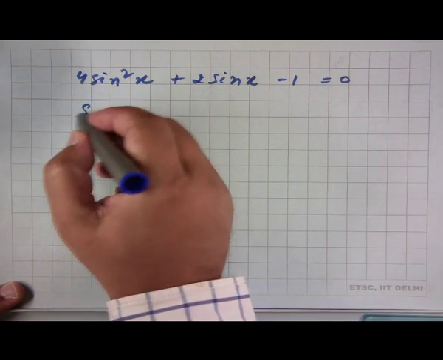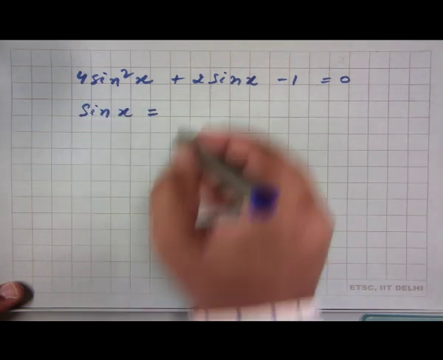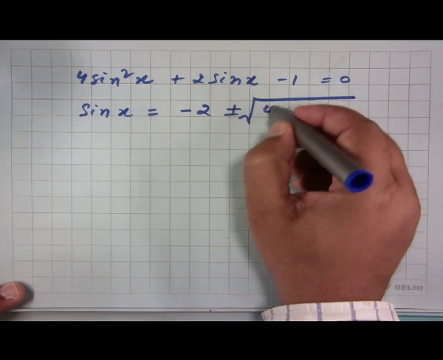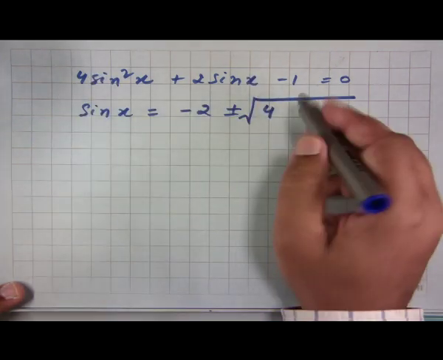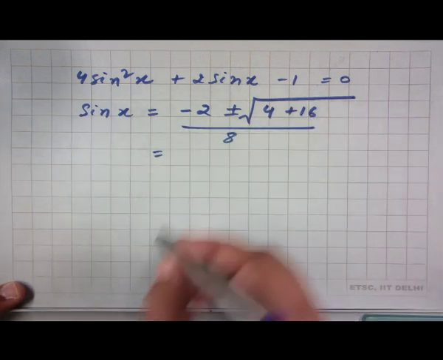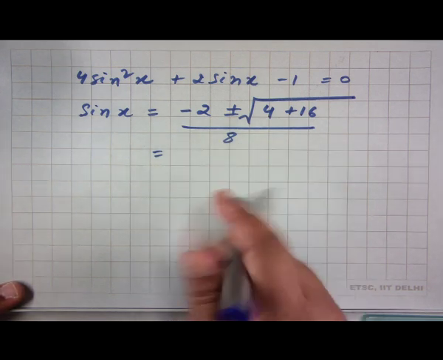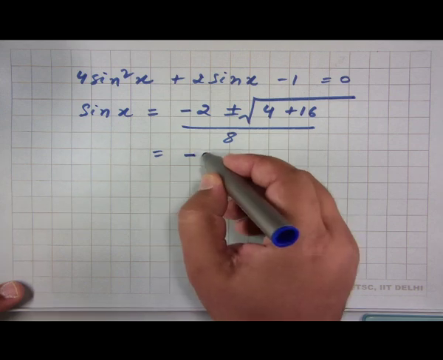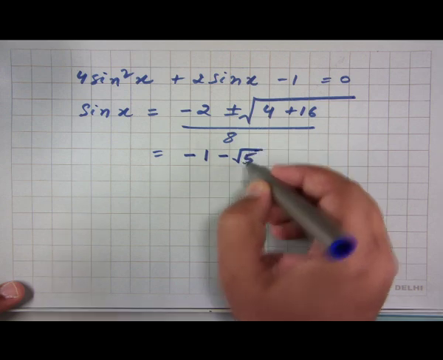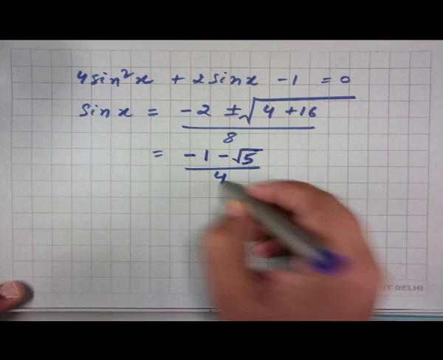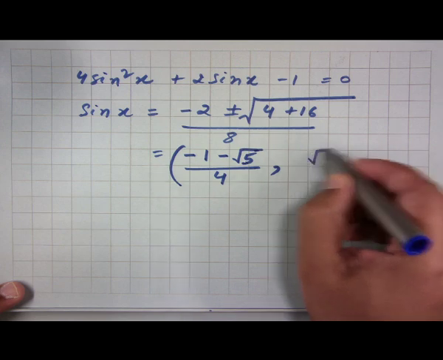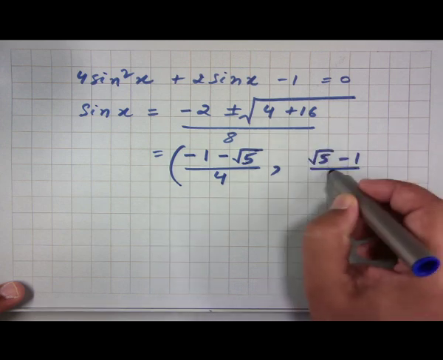So, the solutions are that sin x is equal to minus 2 plus minus square root of 4 plus 16 by 8. So, there are two solutions here. One is minus 1 minus root 5 over 4, and the other solution is root 5 minus 1 over 4.